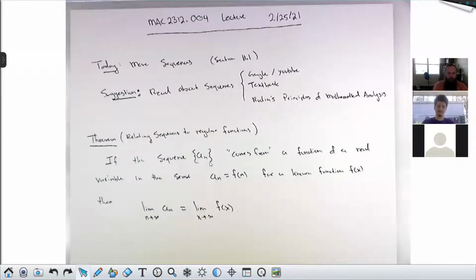This is, again, the tool that's going to allow us to connect sequences to real variable functions, and hence let us use things like L'Hopital's rule. So let me show you what I mean.